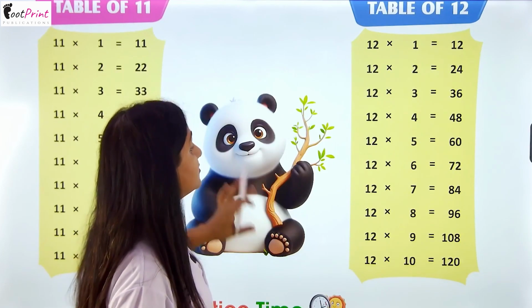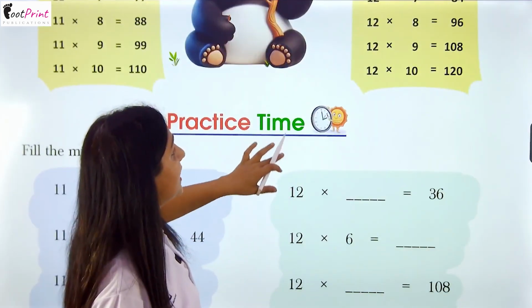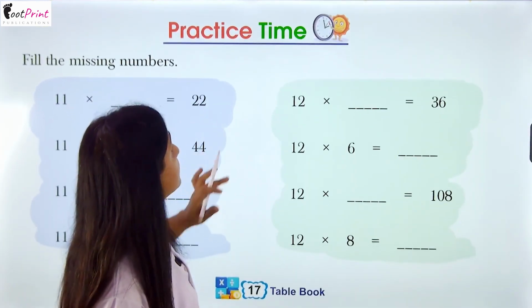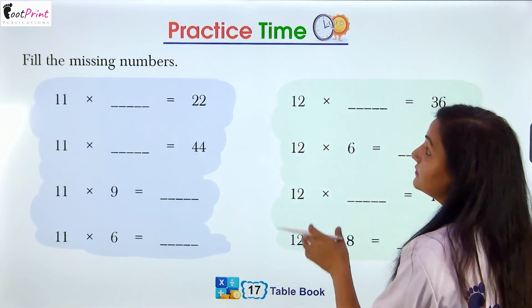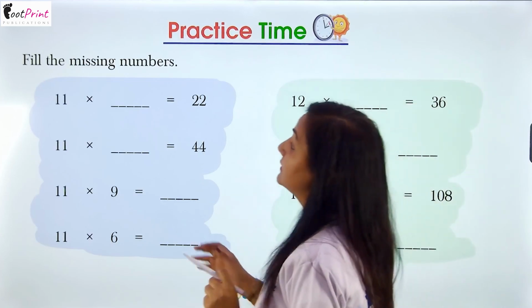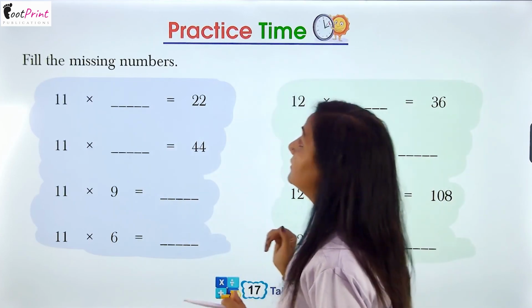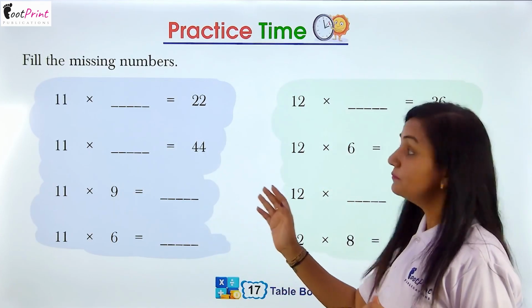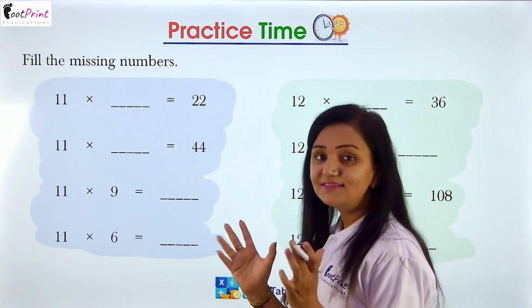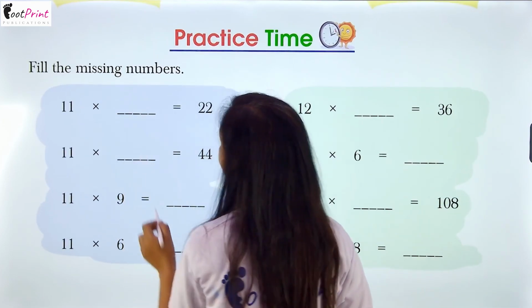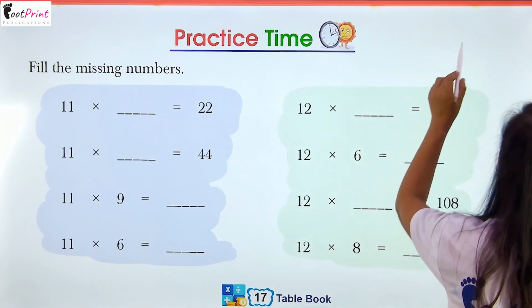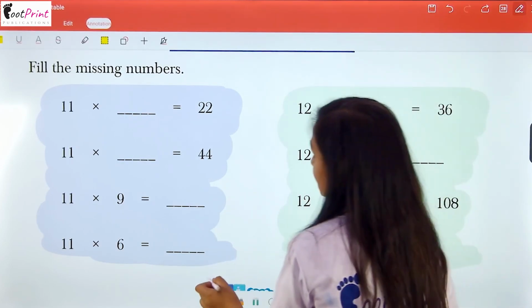My dear students, you will also revise the table as I am reciting, because this is the only way to learn the table. Now we have the practice time with fill in the missing numbers. Here we have to complete the table of 11 but in a different manner, as we have to fill the number here, that on which number 22 comes in 11's table.